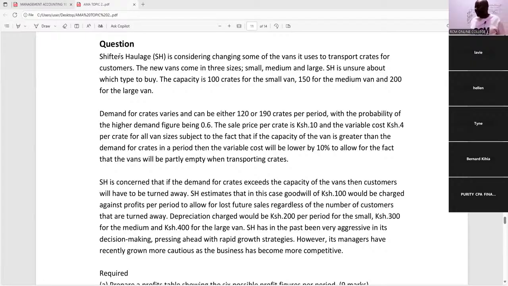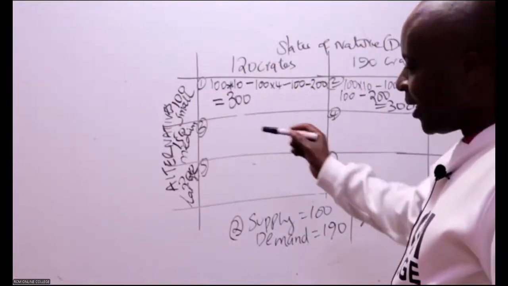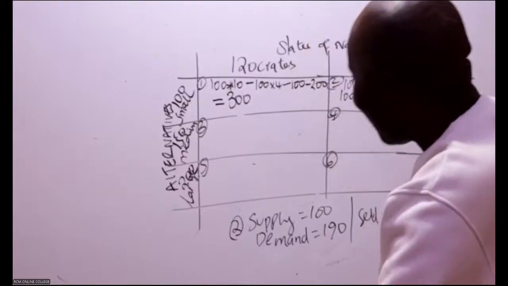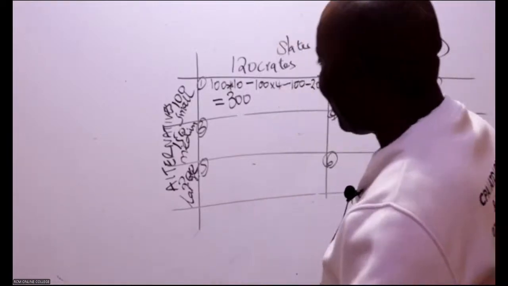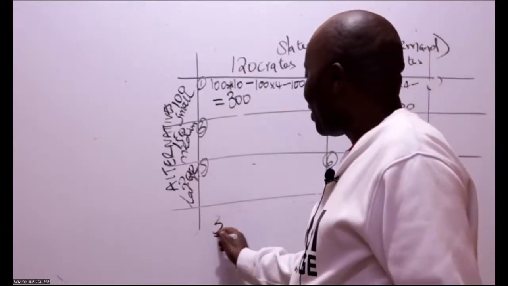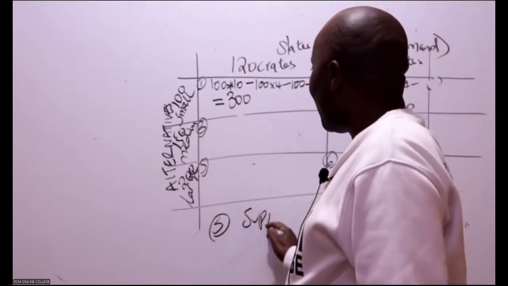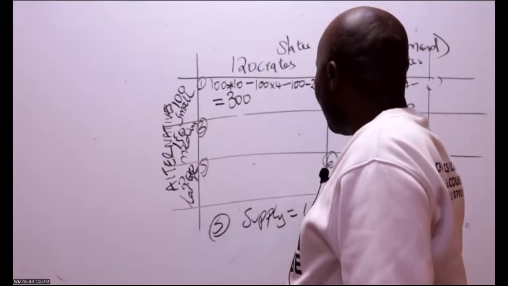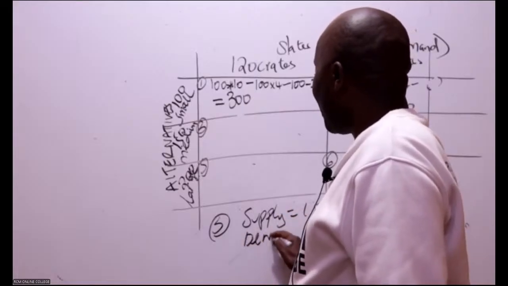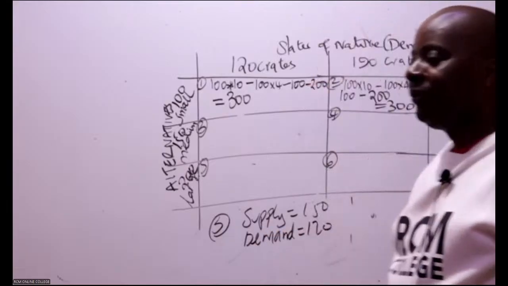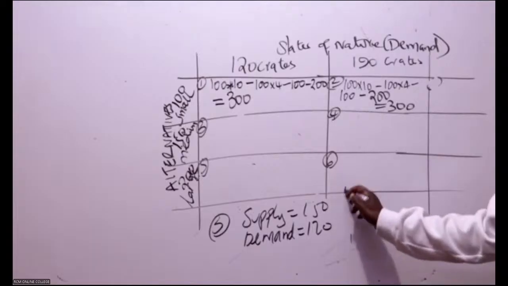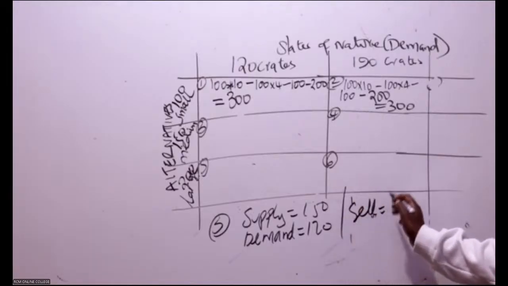All right. So then let's strike a deal here. We go, ladies and gentlemen, to this third cell. So the third cell, what is happening here? The supply is 150, but the demand in this case is 120. So how many will I sell?